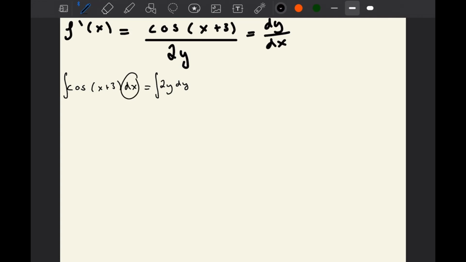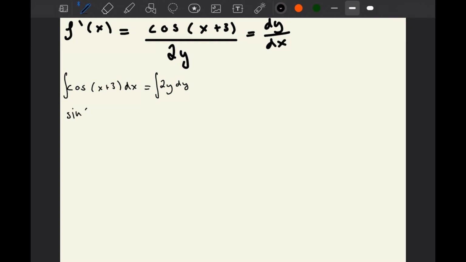And would you look at this? Almost like it was meant to be. Alright, so now we can integrate. The antiderivative, or the integral, of a cosine function is just sine.